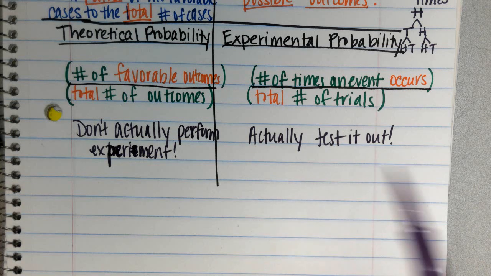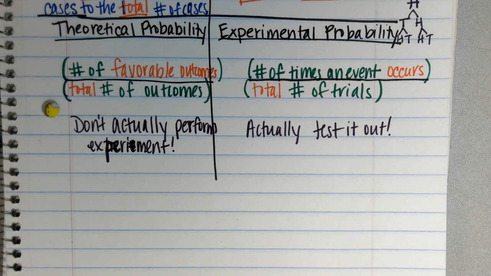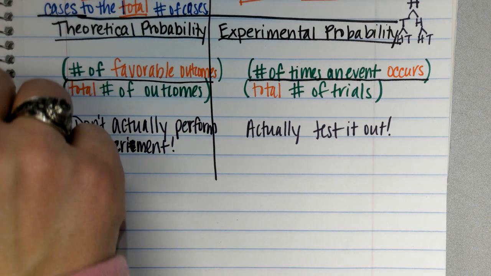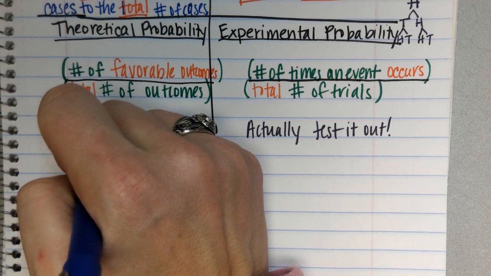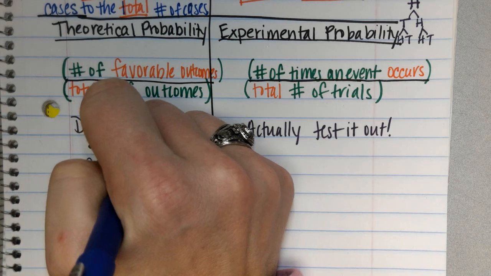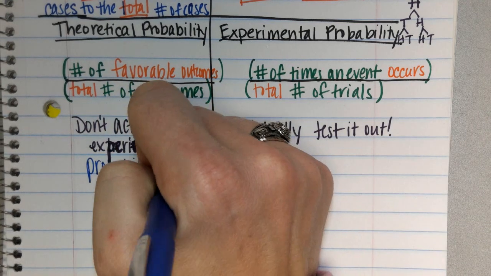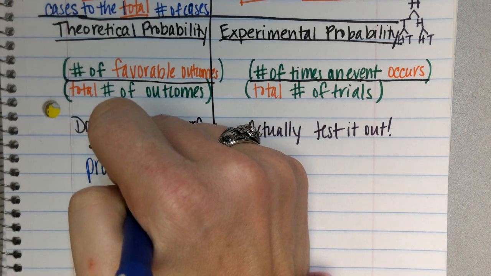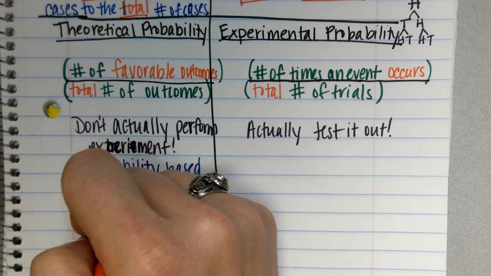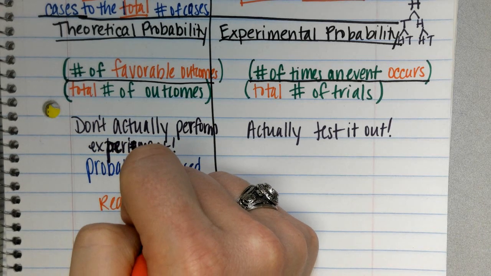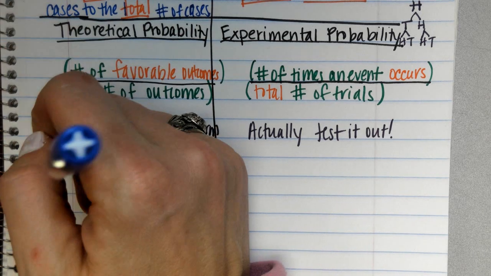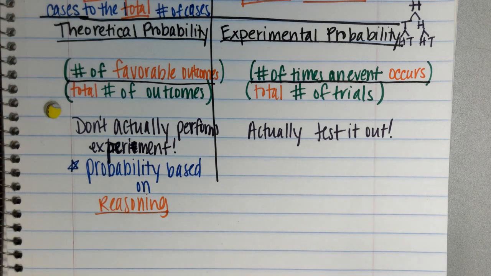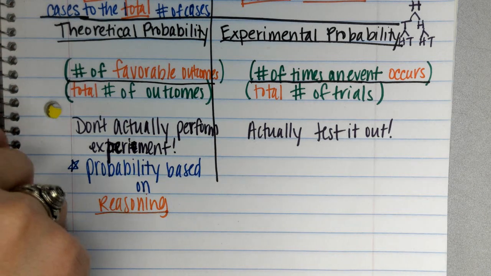We would have a different probability if we actually test it out. Okay? So, key here is that theoretical is probability based on reasoning. Like, here's what we know. This is what we think. It's just on a reasonable answer.